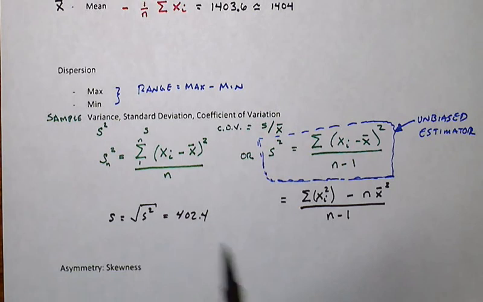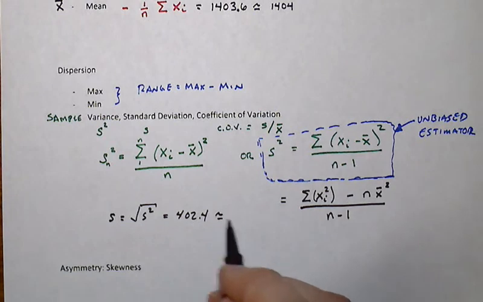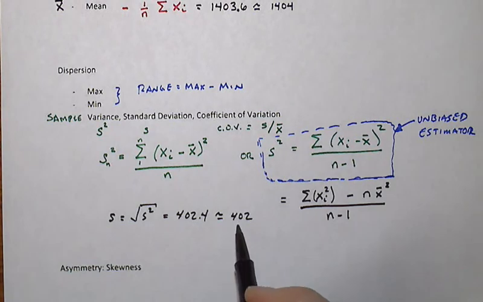Again, it's common to report this to one more decimal place than the actual data that you have, although you might in this case round it to 402. It's a rule of thumb in a lot of engineering work where we only keep 3 significant digits, somewhat arbitrarily. Okay. So those are two of the basic aspects of summary measures: central tendency and dispersion.